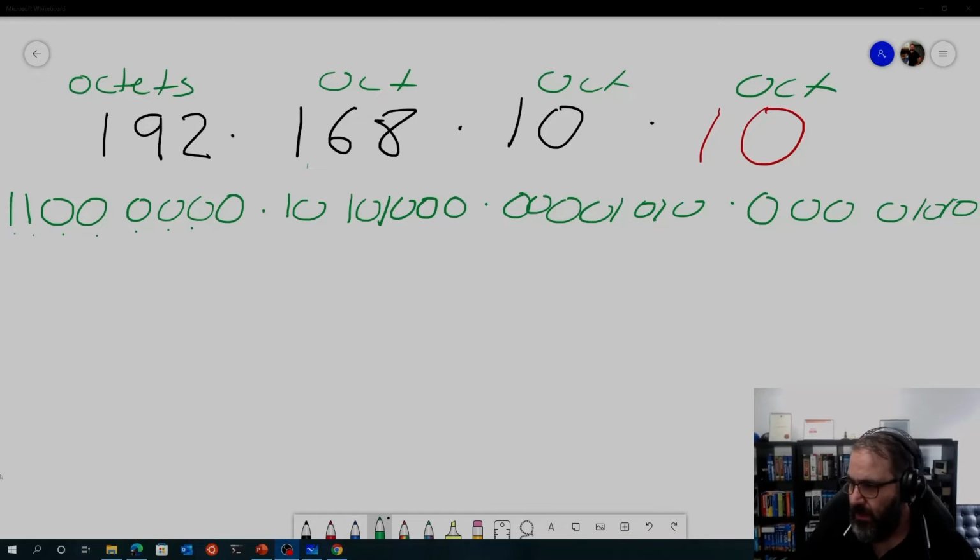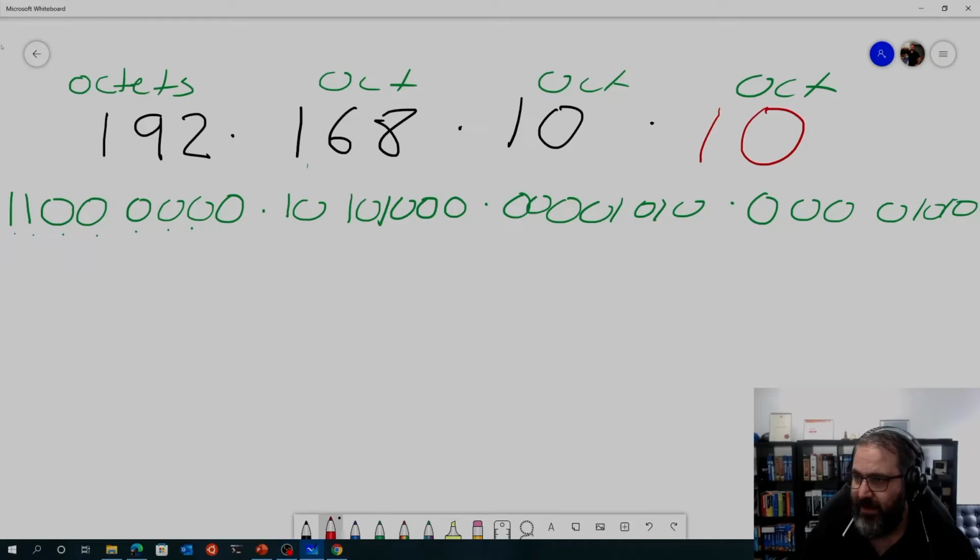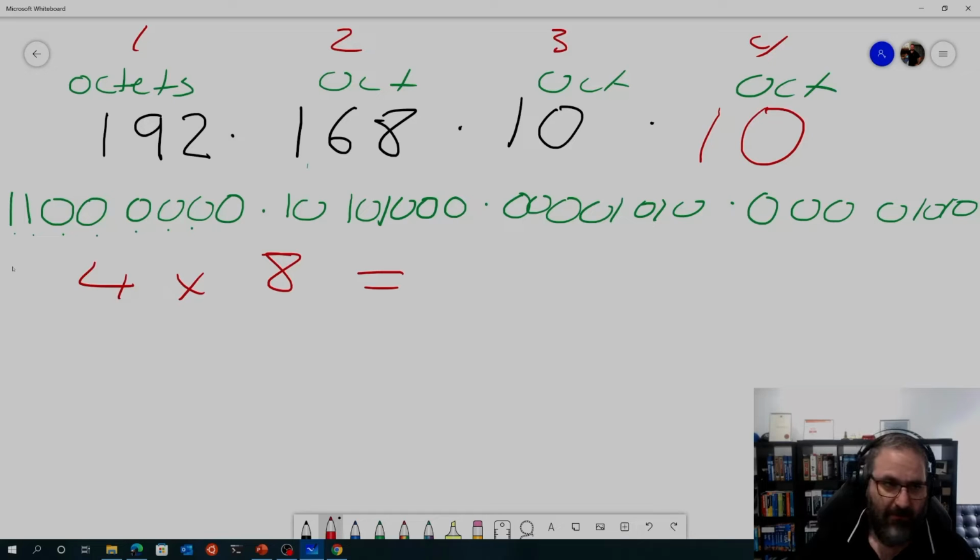So we've got that now. For those who are not too bad at maths, how many octets do we have? 1, 2, 3, 4 octets. 4 times 8 equals... how much is 4 times 8?